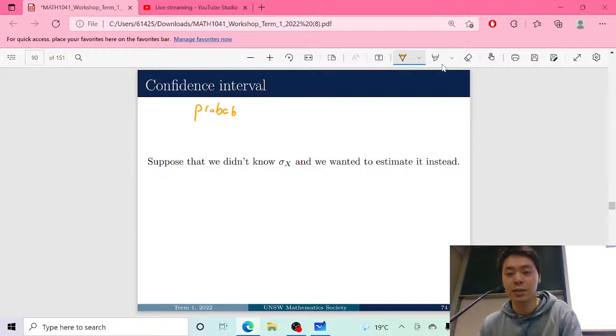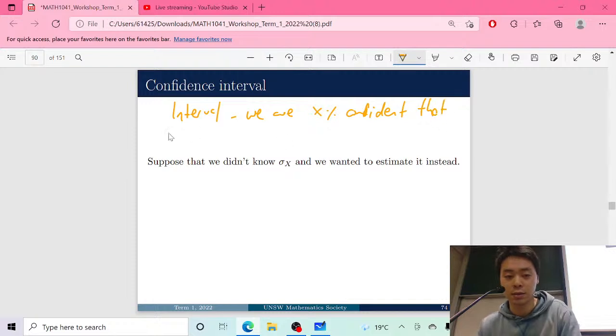So it's an interval, right? So what we can do is, it's just going to be an interval where we are X% confident that the true value lies inside.